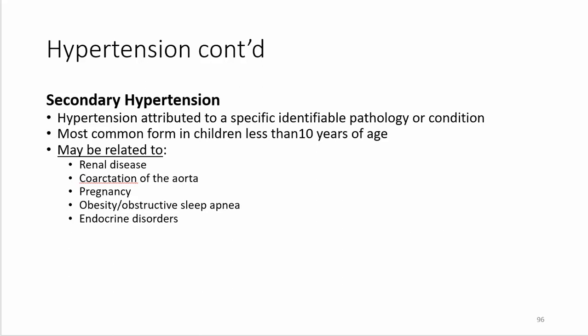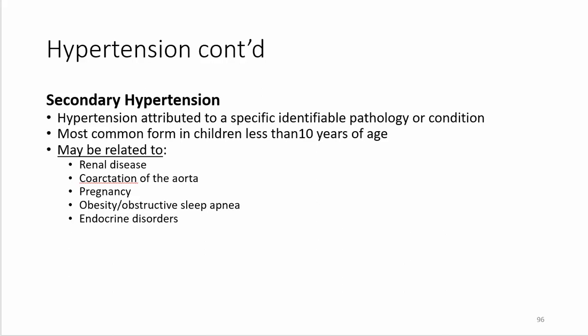So it's usually related to kidney disease. Everybody on dialysis has to take blood pressure medication because they will have a secondary hypertension, because the kidneys are just regulators of blood pressure, the long-term regulators of blood pressure.